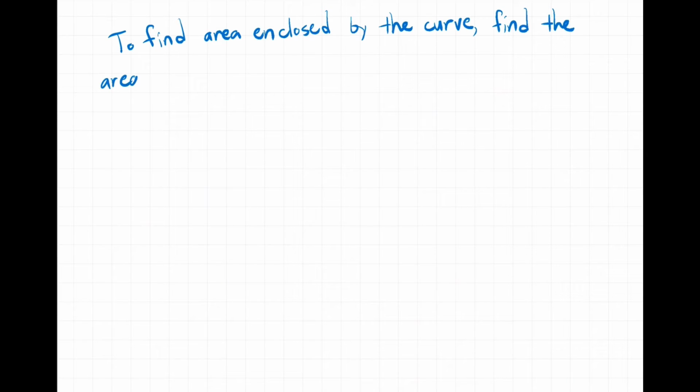To find the area enclosed by the curve, let's find the area of one lobe, and we'll multiply it by 3.